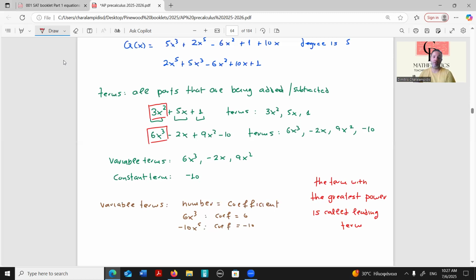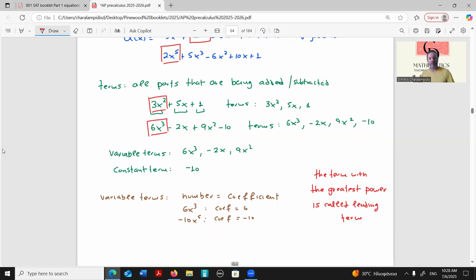Moving on top, the 2x to the power of 5 would have been the leading term. The term that includes the biggest power of the variable is called leading term. And the coefficient of that leading term is called leading coefficient.